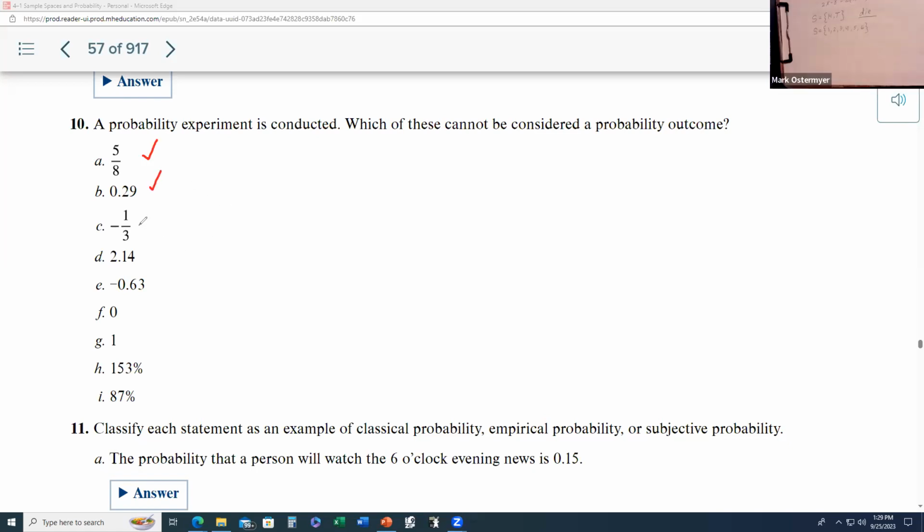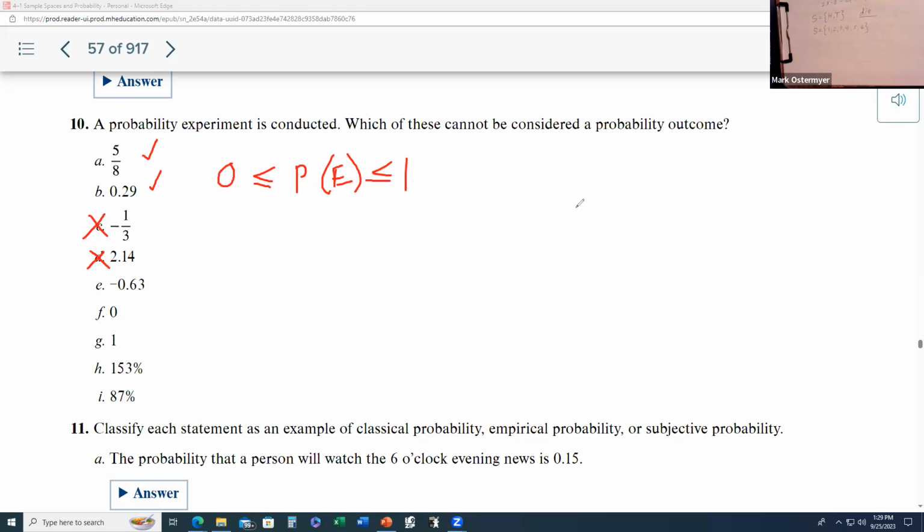Could negative 1/3 be a valid probability? No, probabilities can never be negative. Could 2.14 ever be a valid probability of some event? No, because probabilities are always decimals that lie between 0 and 1. Remember, the probability of any event occurring is always a decimal or fraction between 1 and 0 in this course.